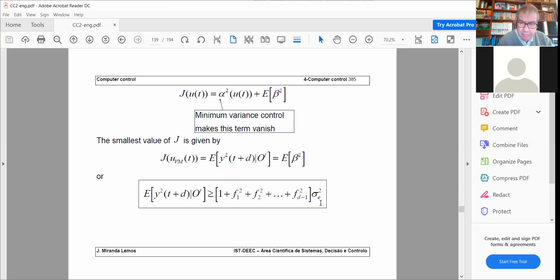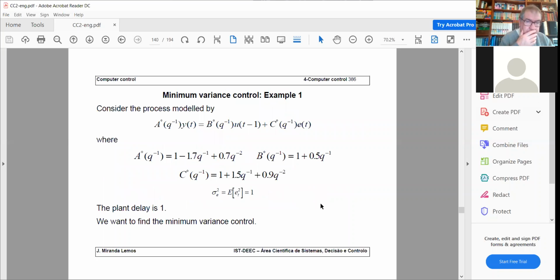Any question? Let's see one example. Suppose that we have this plant in which A, B, and C are these polynomials, and we have a delay of 1. Assume also that the variance of the noise is 1, and we want to find the minimum variance control.